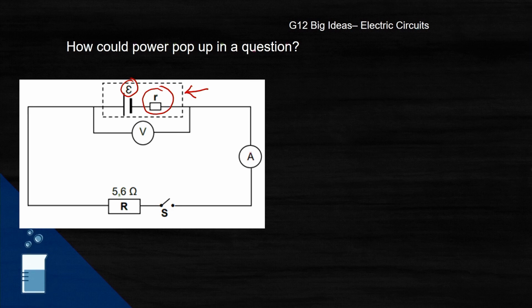There is a voltmeter that is measuring the potential difference across that cell or battery, and there is an ammeter which is connected in series within the external circuit. We have got a load of 5.6 ohms, and there is an open switch. That open switch is telling you that we have got a reading of EMF on the voltmeter.